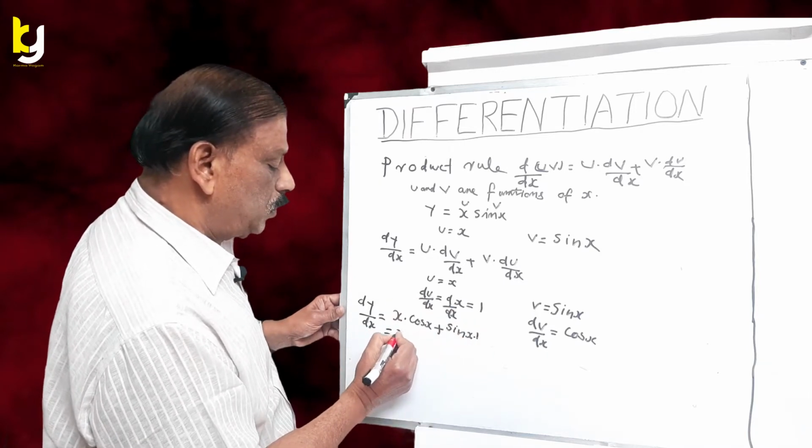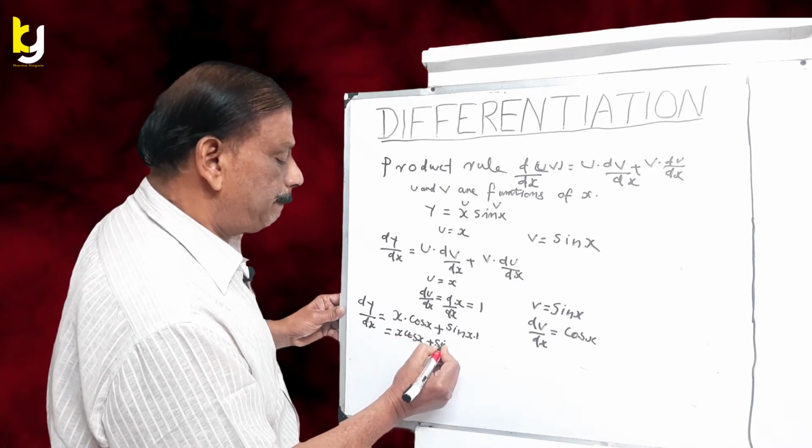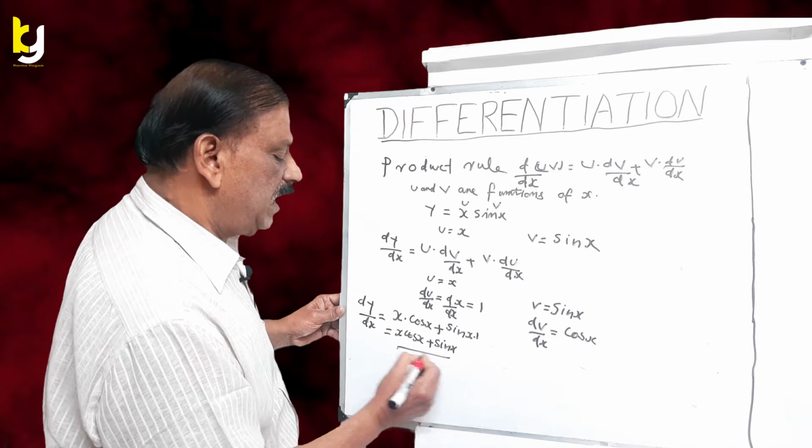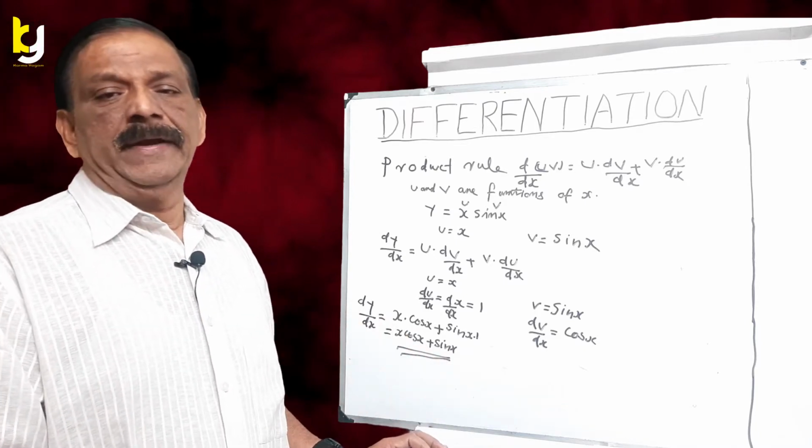Therefore this is equal to x cos x plus sin x. Hence the answer. Clear? Okay.